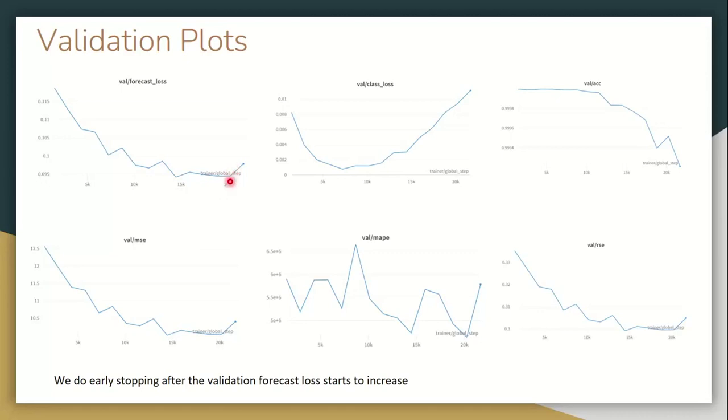As soon as the forecast loss is increasing after approximately 20,000 steps, we do early stopping. We can see that other losses like class loss have been increasing from 5k steps as well. But since we are mainly optimizing forecast loss, we do early stopping only based on the forecast loss increase. So this is how we are getting the validation plots.